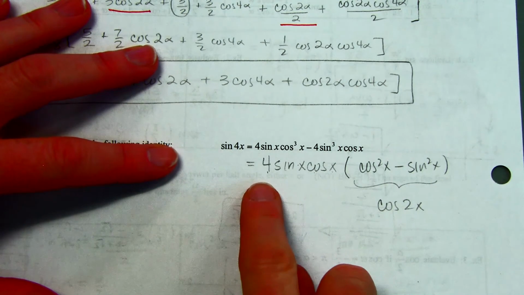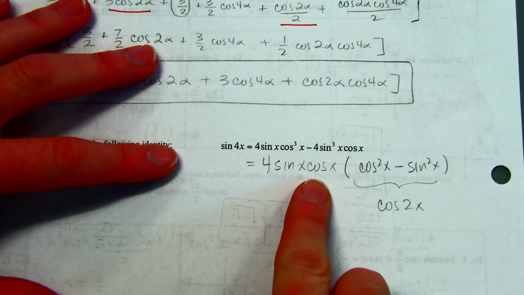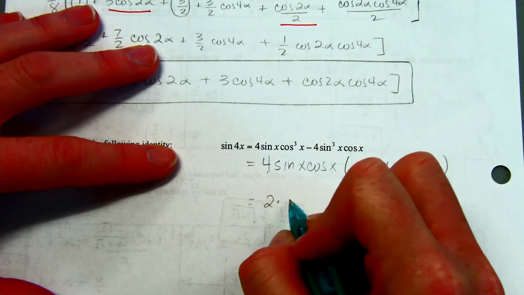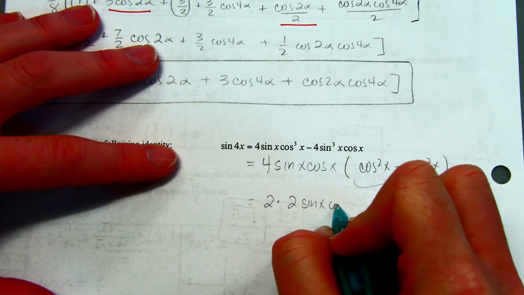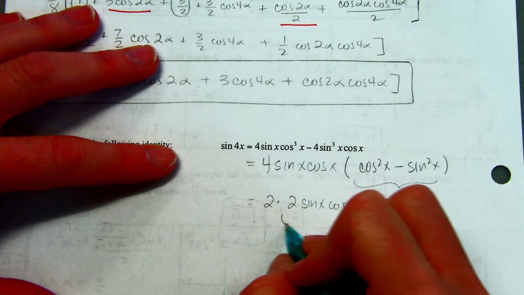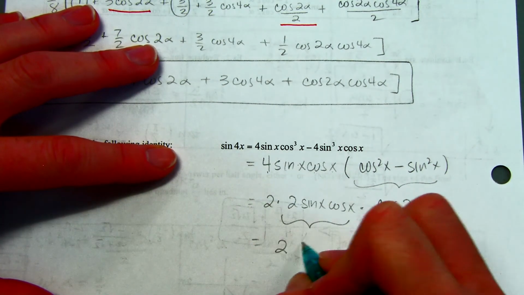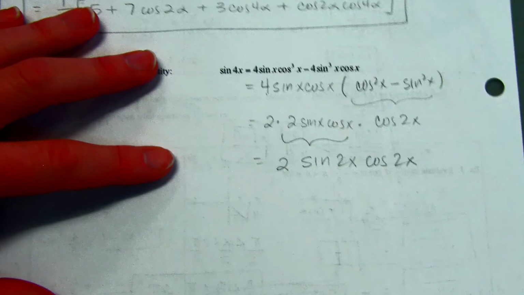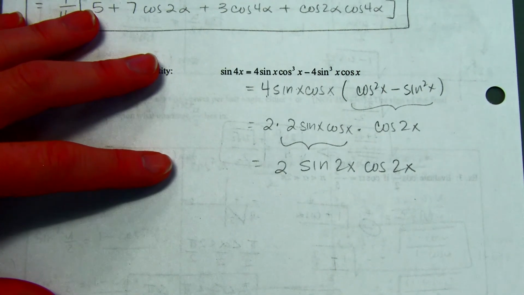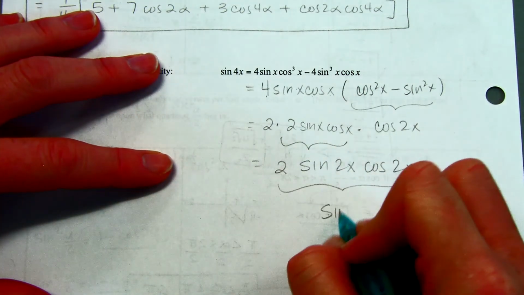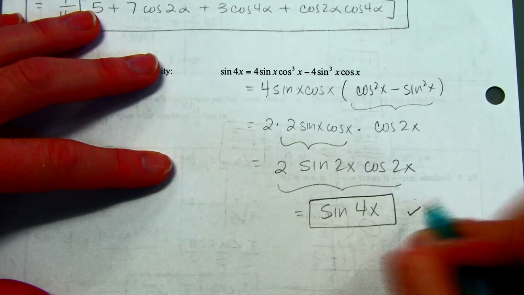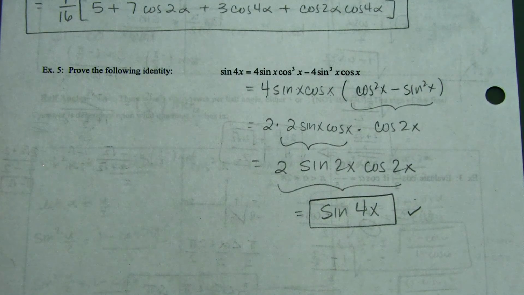What about this? I've got 4 sine x cosine x. I could write this as 2 times 2 sine x cosine x. Yeah, this is the sine double angle. 2 sine 2x cosine 2x. This is sine 4x. It's the double angle formula for sine.